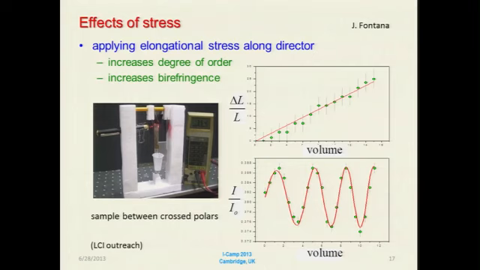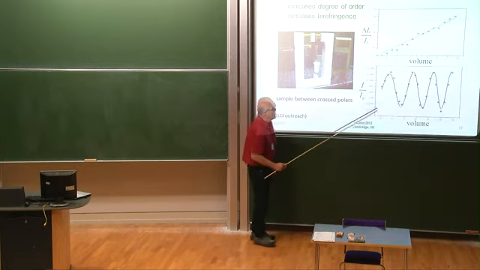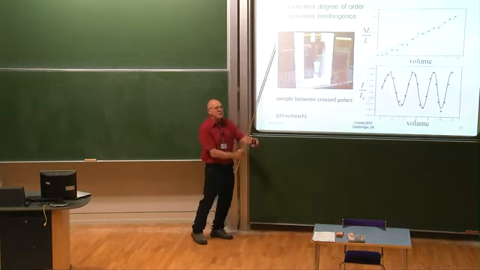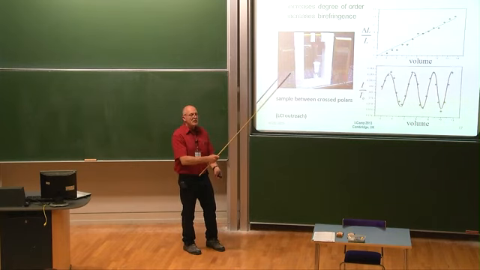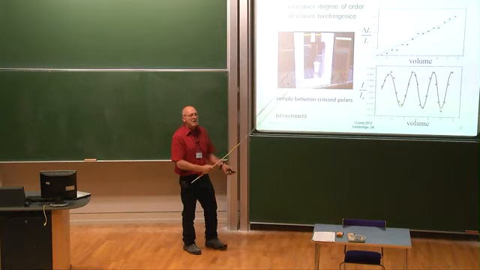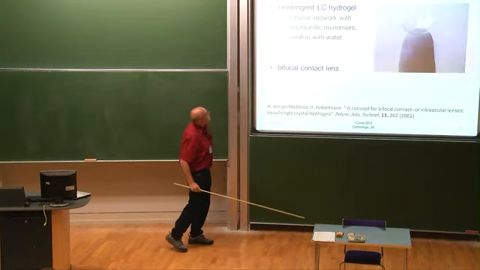So Jake made this in, I don't know, half an hour or something. He was very able to get things done quickly. And so you strain the material, and you see the typical oscillations in the transmitted intensity between cross polarizers. Of course, you have to be concerned about the sample getting thicker at the same time, but nonetheless, it's also showing the change in birefringence.